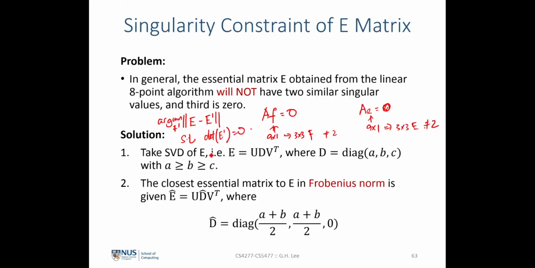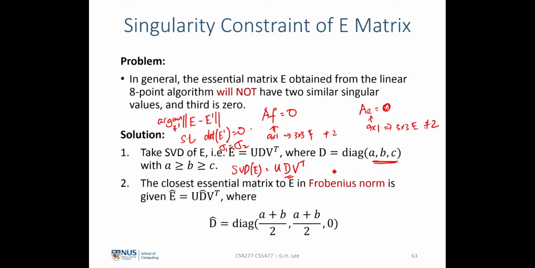And not just that, it also has to be subjected to the constraint that the first singular value must be equal to the second singular value. The way to do this is the same as for the fundamental matrix. We'll simply take the SVD of E, which gives us U D V transpose, where D is in general a diagonal of 3 unique singular values.